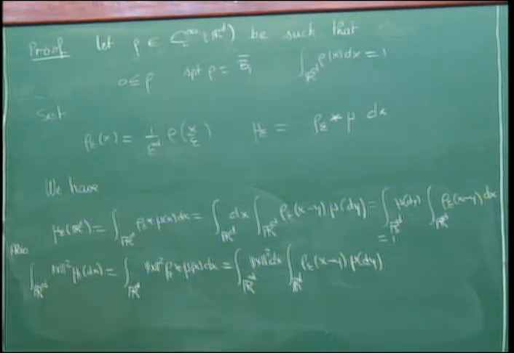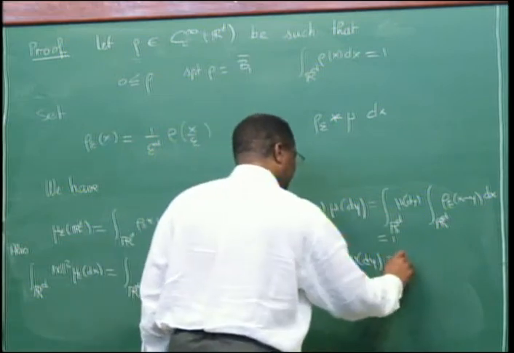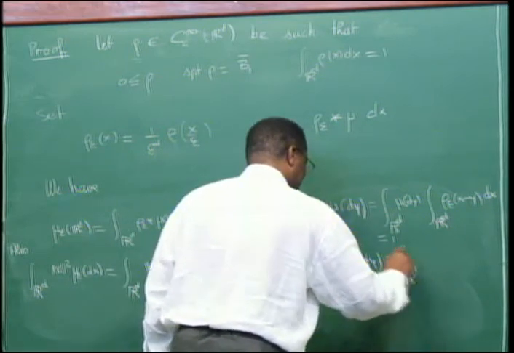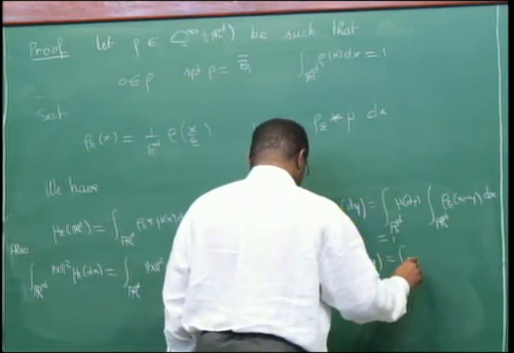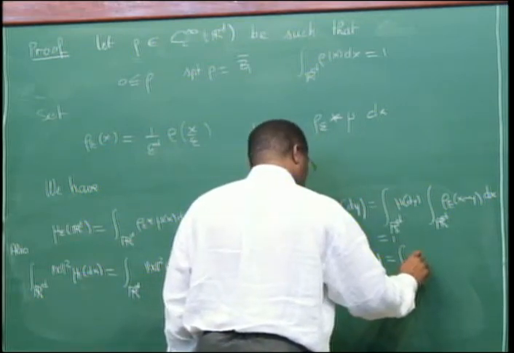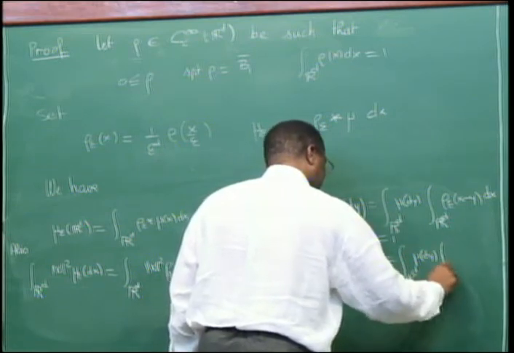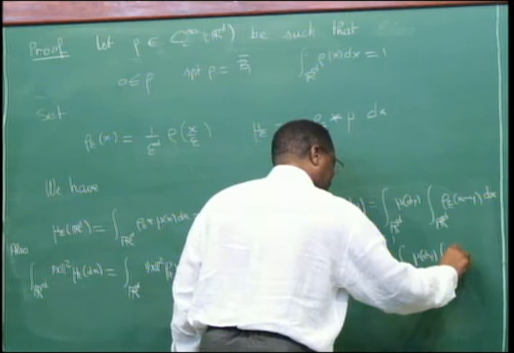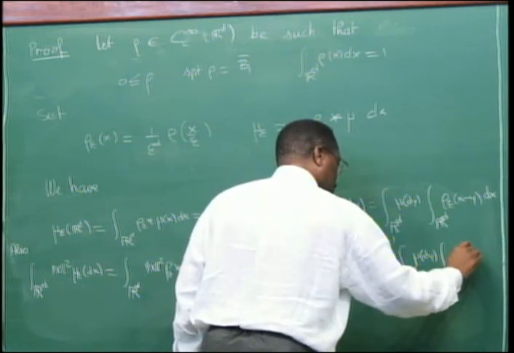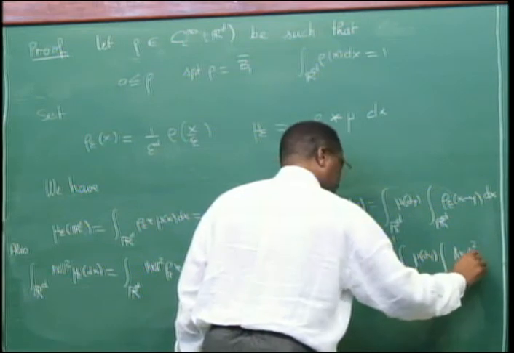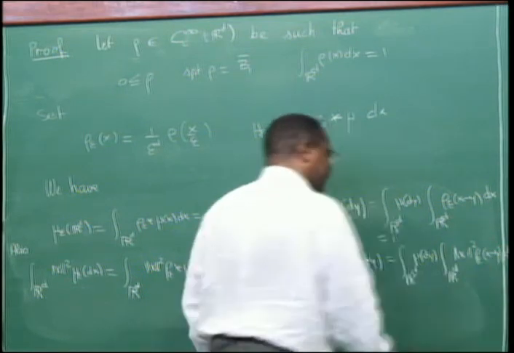And again, I use Fubini to say that this is the integral over Rd of d mu of y, the integral over Rd of x squared rho epsilon of x minus y dx.